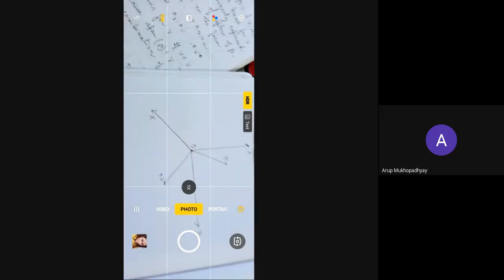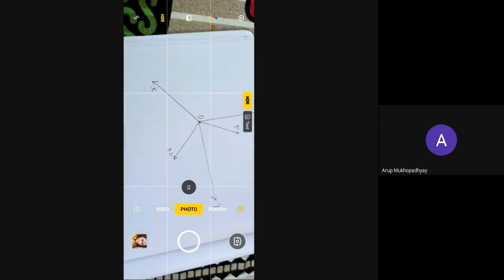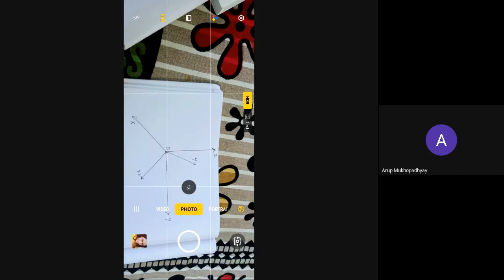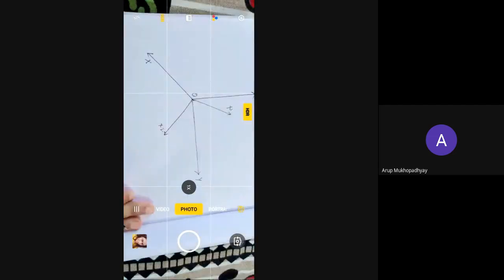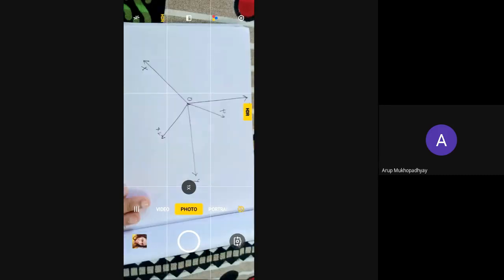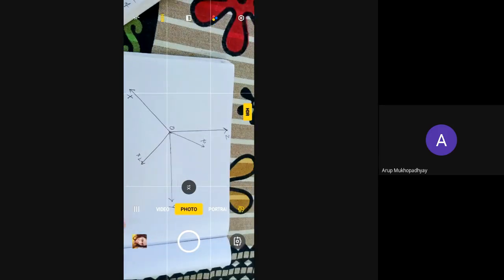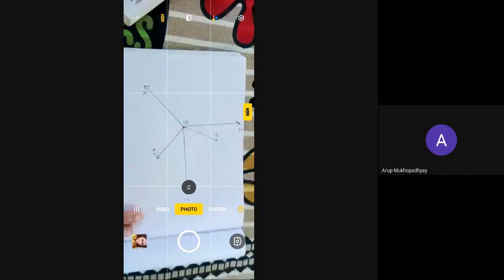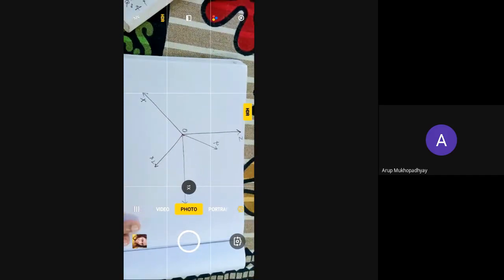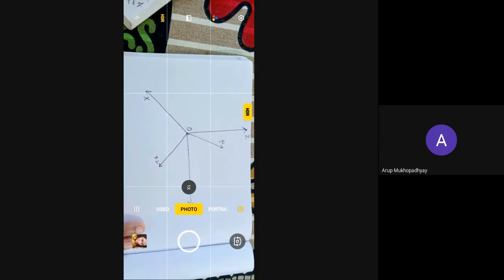Now I will discuss the example. Here I have drawn the three axes, OX, OY and OZ, because the example was in R3. Here we have to take two vectors, x1 and x2.